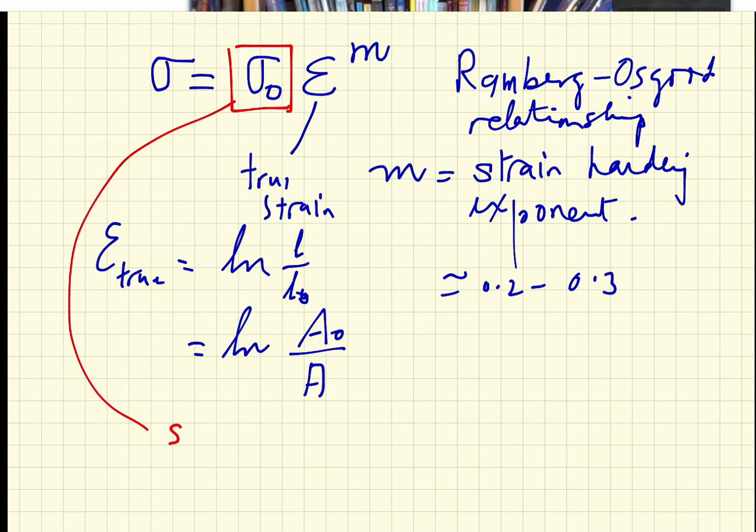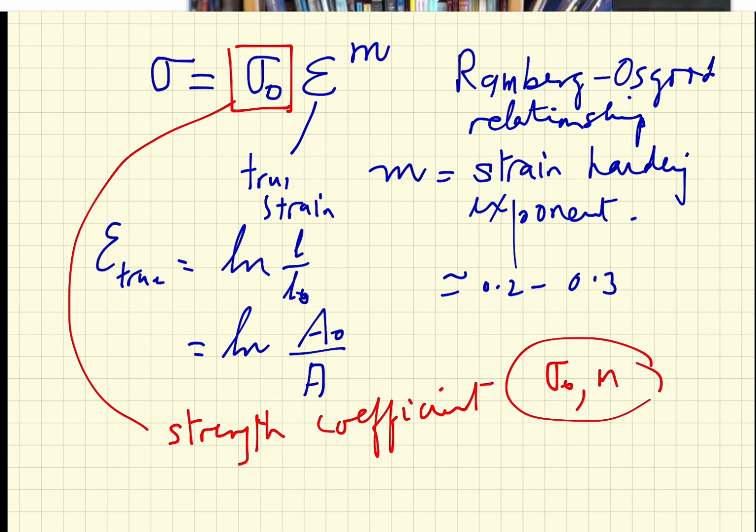So every material, every metal, steel for example, has two numbers, the sigma 0 and the m.